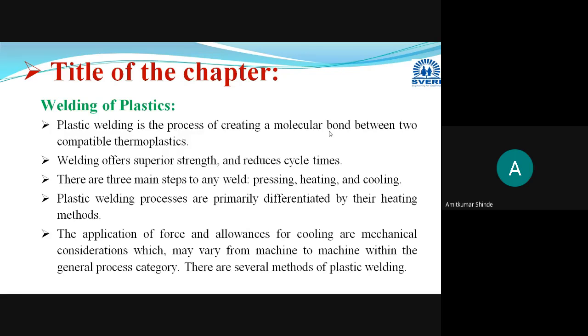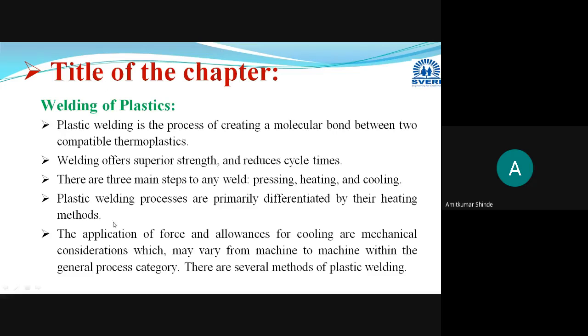There may be different types of plastic materials that cannot be joined, means it is not possible to create any bond between those two particular plastic materials. Means they are non-compatible. Compatible means you can create a bond or join those plastic materials by conducting some procedure. Compatible in the sense you can create the bond between those particular plastic materials.